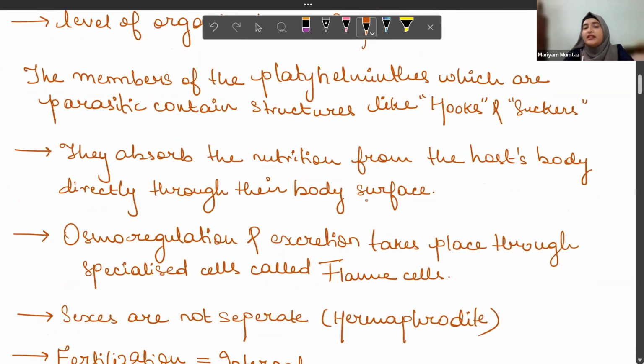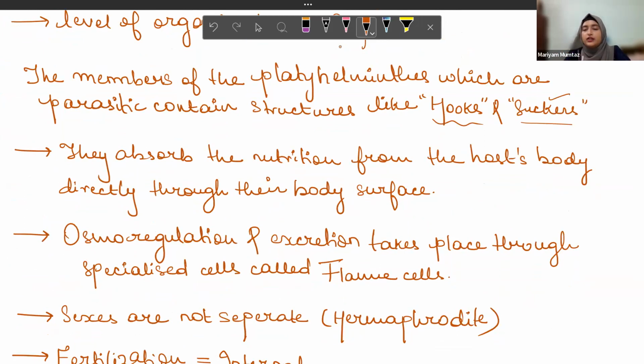So the members of Platyhelminthes have a parasitic adaptation of hooks and suckers. Now why hooks and suckers? Hook-like structures are present in their body so that they can get attached to the host body. Then there are suckers present.